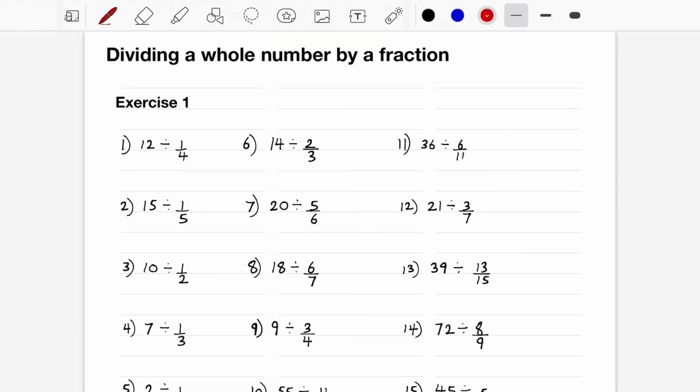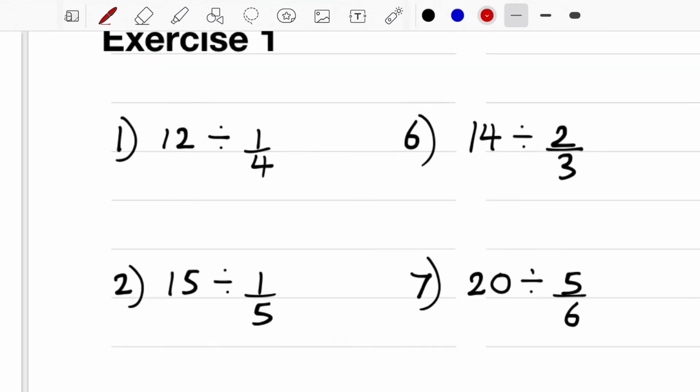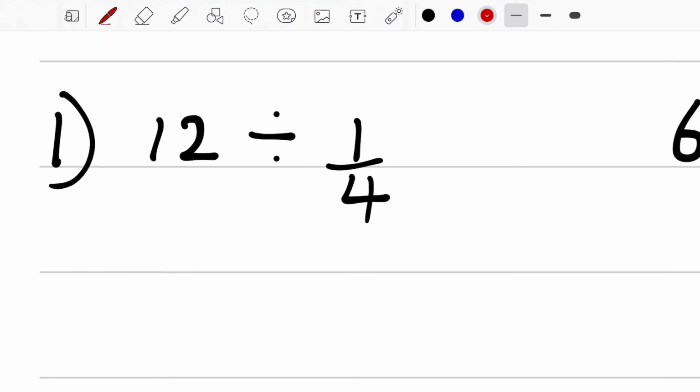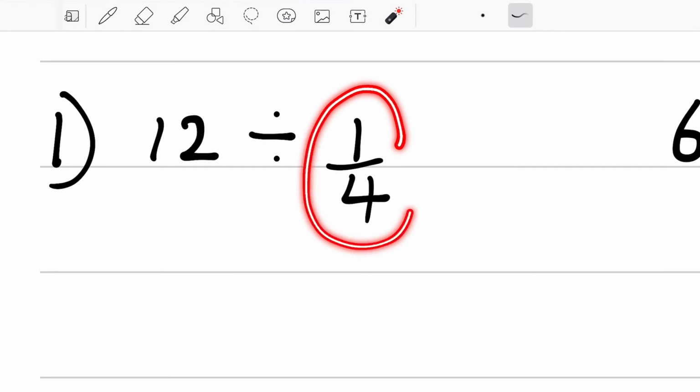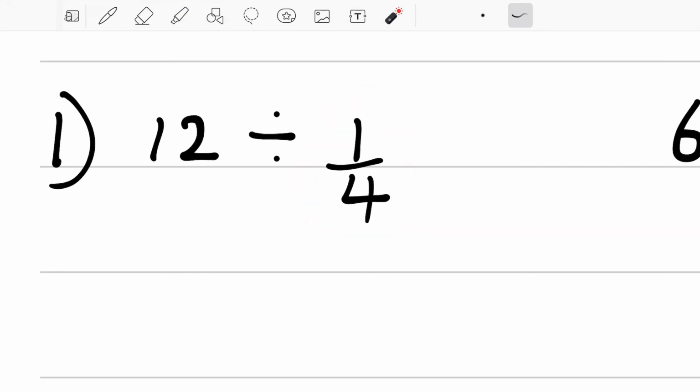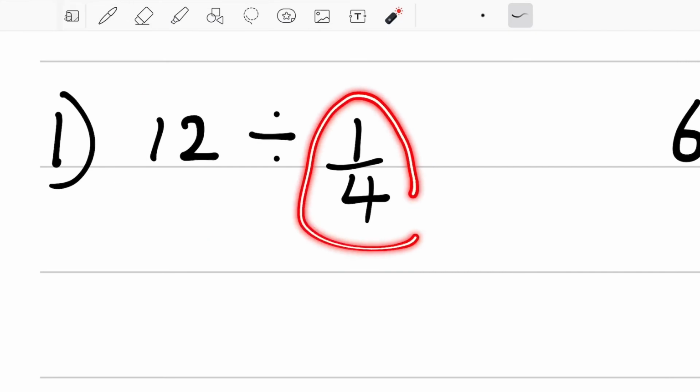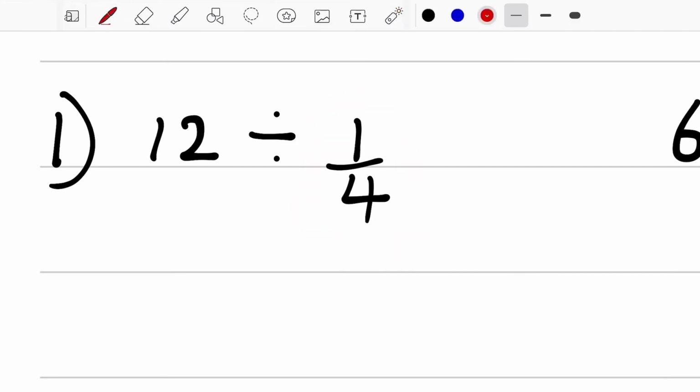Dividing a whole number by a fraction. So this has some similarities with multiplication. So what we need to do is change the division sign to a multiplication sign and flip the divisor. What is the divisor? It's simply the number or fraction we are dividing by. So if a question is written like this, it's the fraction or number on the right of the division sign.